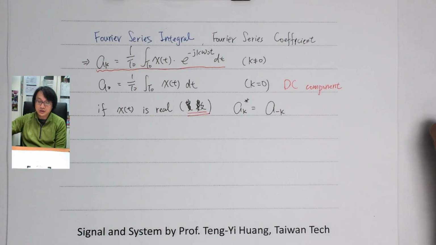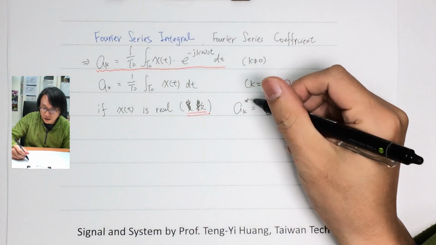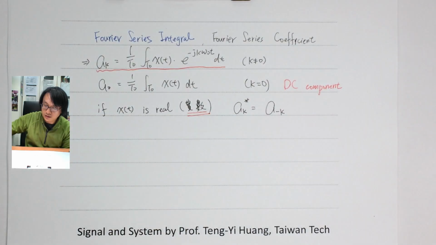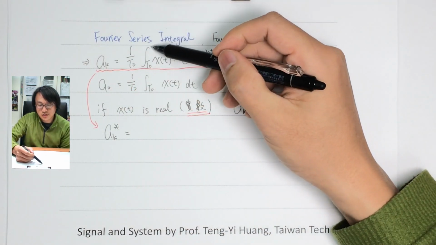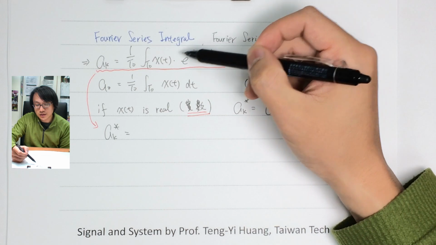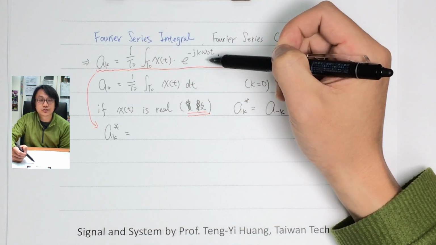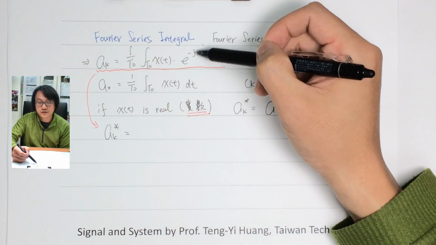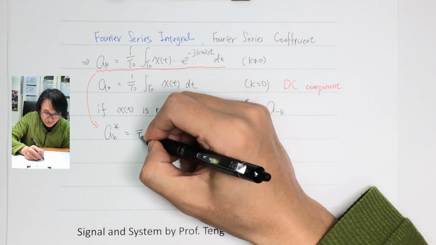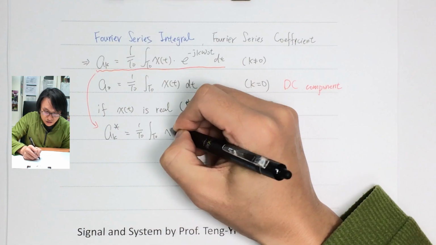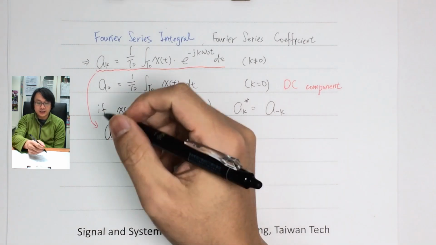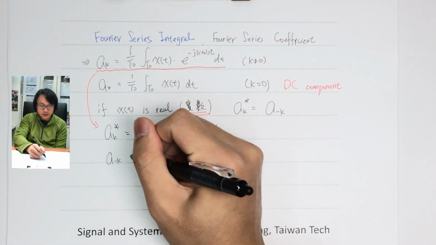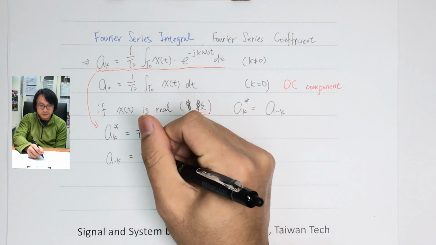If I take the complex conjugate of a_k, since an integral is just a sum, and x of t is real valued, the only negative is in the exponent, so the conjugate flips negative j to plus j, giving 1 over T times the integral over one period.